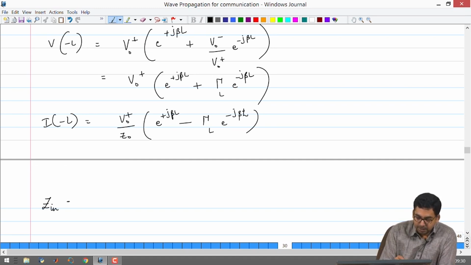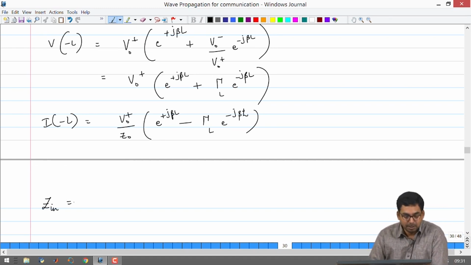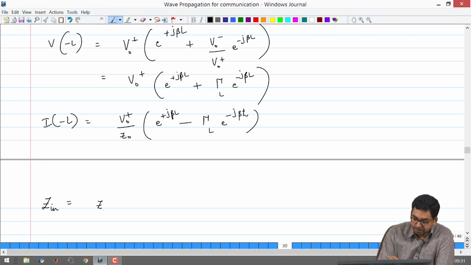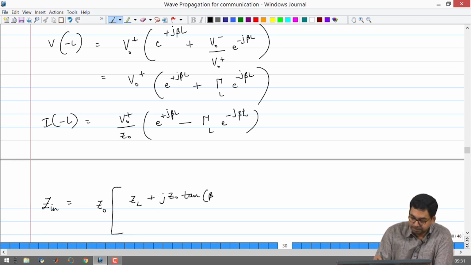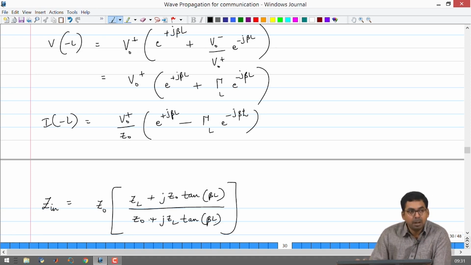So, I can take the ratio of V at minus L to I at minus L. I am going to end up with Z naught, ZL plus j Z naught... I am not doing the detailed simplification, it is just a sum and difference of complex exponentials, you can do it by yourself.